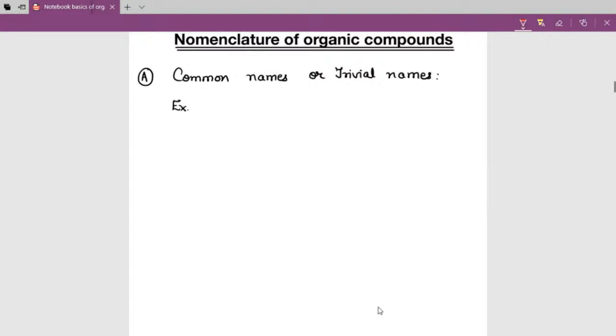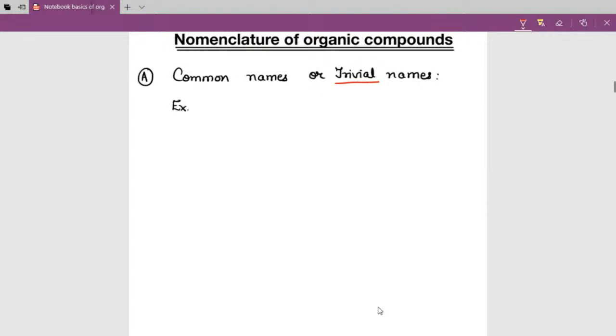Okay, so nomenclature of organic compounds is first divided into common names, trivial names, or the IUPAC. Let's spend a few minutes on common names or trivial names. Now, common names or trivial names were based on the origin of that particular compound or the language wherever it is used, or related to wherever compound, structure, molecule, organism, plant, fruit it is related to.